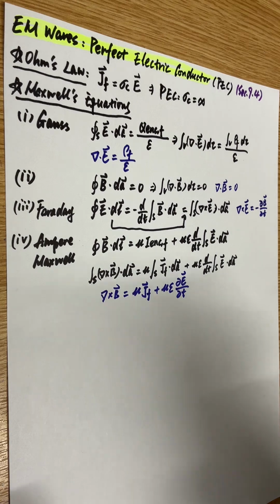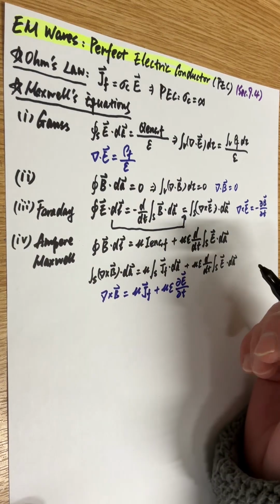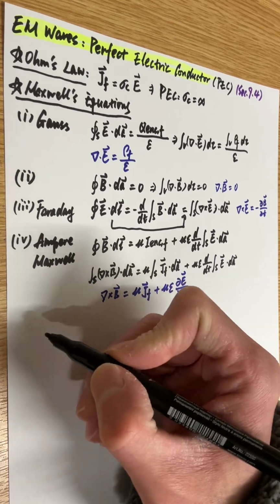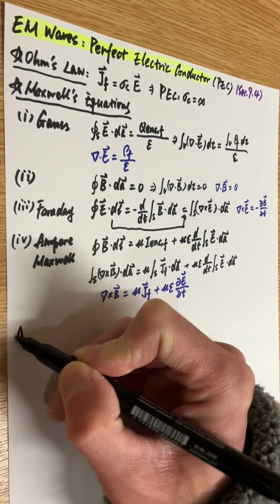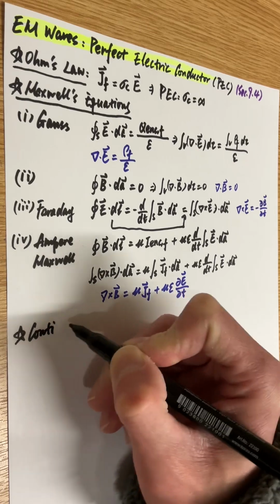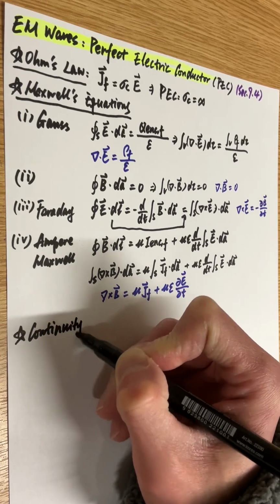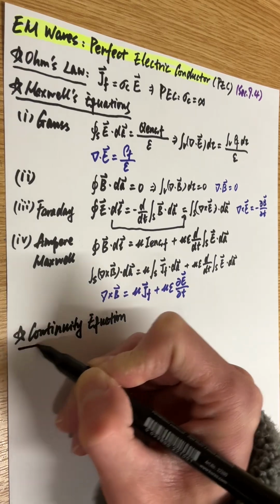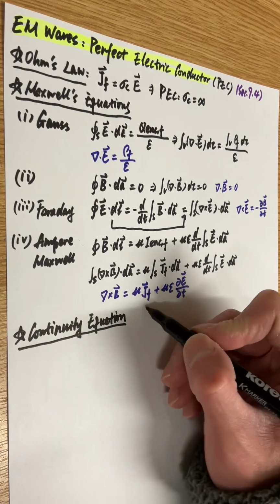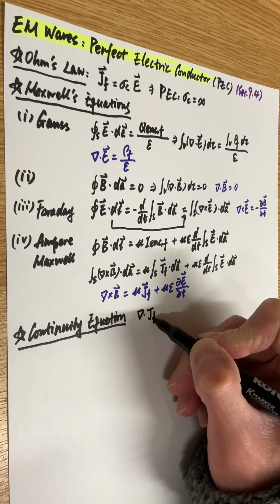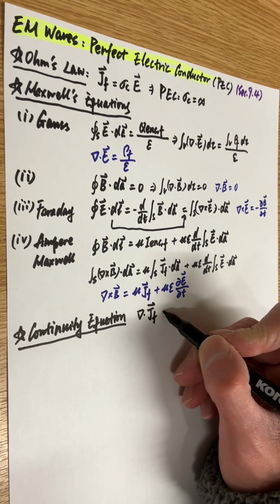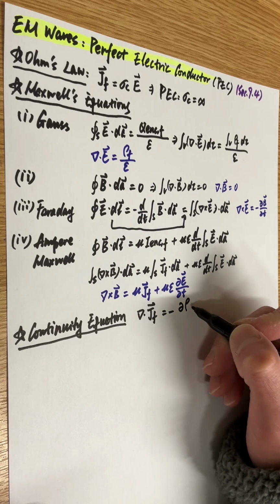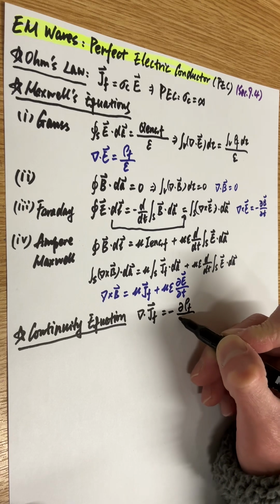Okay, so another important addition to Maxwell's equations is the continuity equation. So I have the divergence of the current density equals minus d rho, the volume charge density, dt.